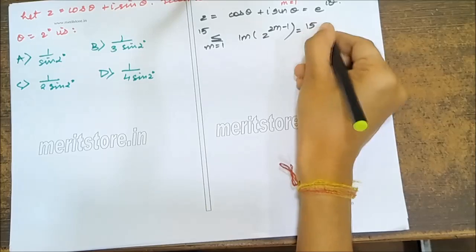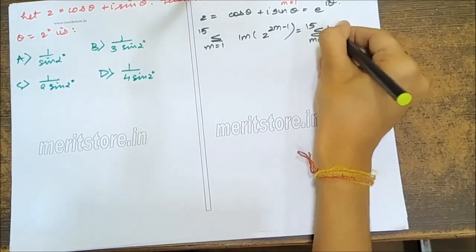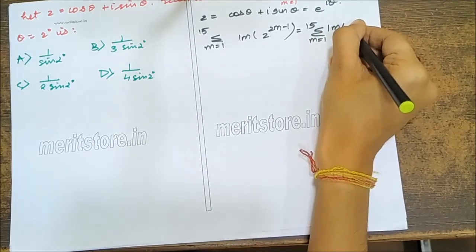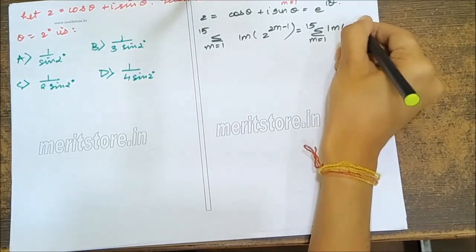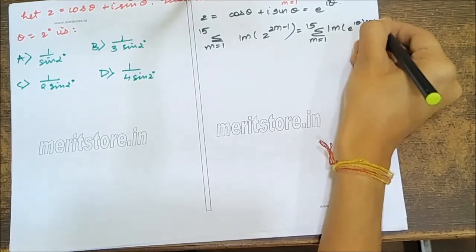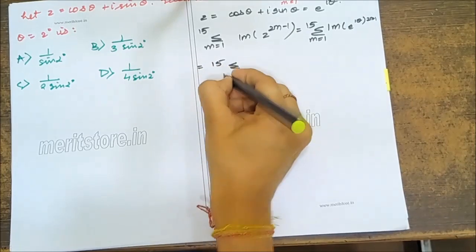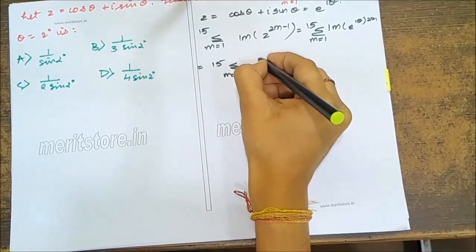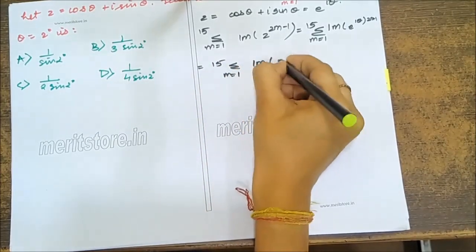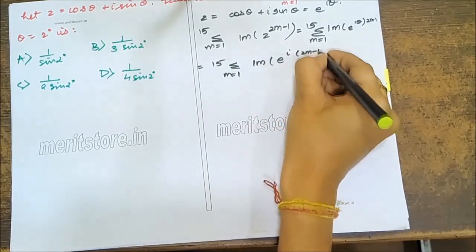equal to summation from m equal to 1 to 15 of the imaginary part of e raised to i theta to the power 2m minus 1. So that is summation from m equal to 1 to 15 of the imaginary part of e raised to i times 2m minus 1 theta.